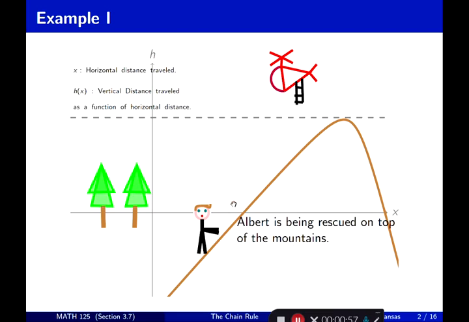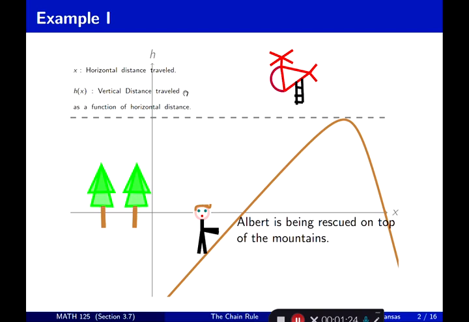Albert is running fast because there are wild animals down here on the island where the mountain is, and he's going straight up. As he climbs the mountain, he also travels horizontally some, and then travels some vertically.